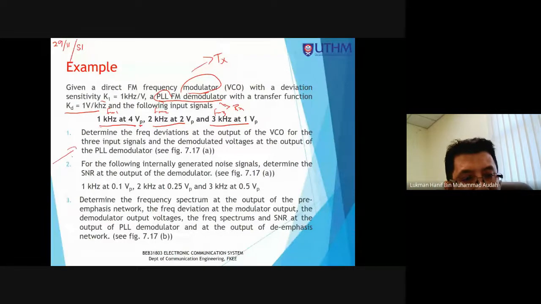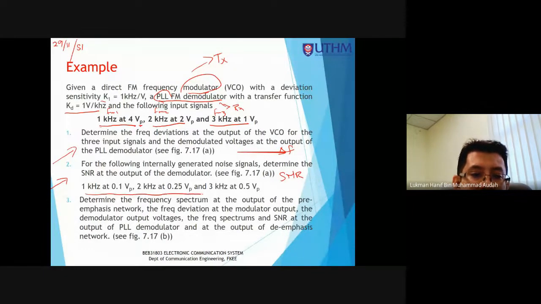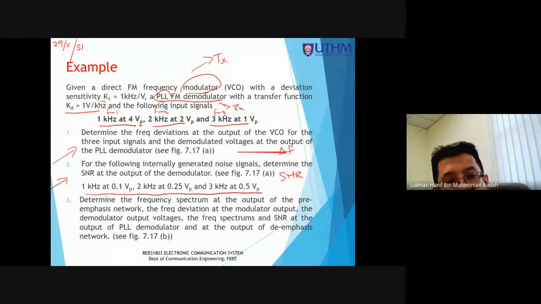So the first question asks, determine the frequency deviation keluaran daripada VCO pada transmitter. Kemudian soalan kedua tanya, tentukan nilai SNR jika diberikan noise level seperti ini. Noise level 0.1 volt pada 1 kHz, 0.25 volt at 2 kHz, 0.5 volt at 5 kHz.